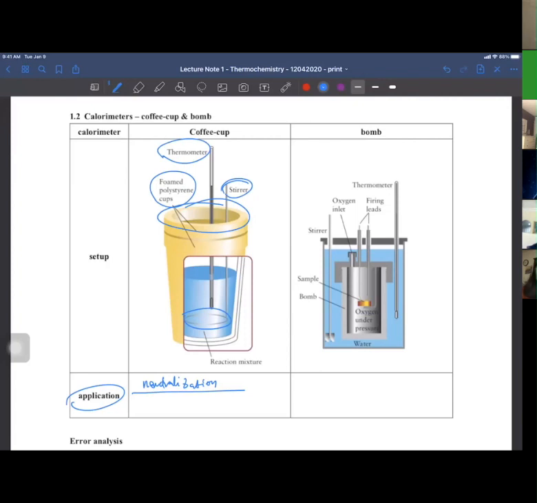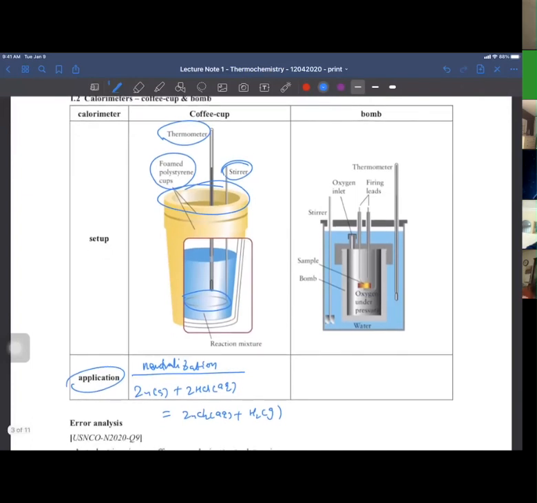Let's say you have zinc solid react with hydrochloric acid, it will produce zinc chloride, aqueous, and hydrogen gas. Think about, will this be a reaction which can be measured by the coffee cup calorimeter? If not, what will be the reason why the coffee cup will not be a good setup to measure the reaction heat for reactions like this?